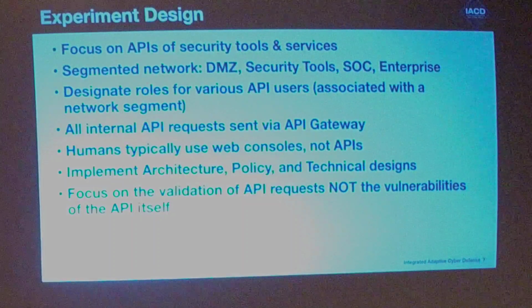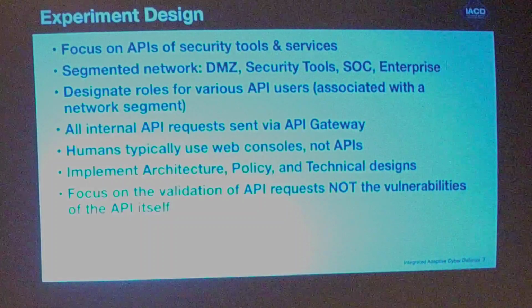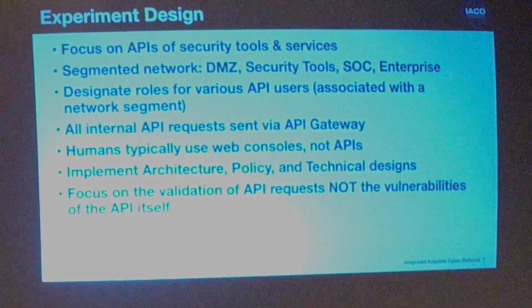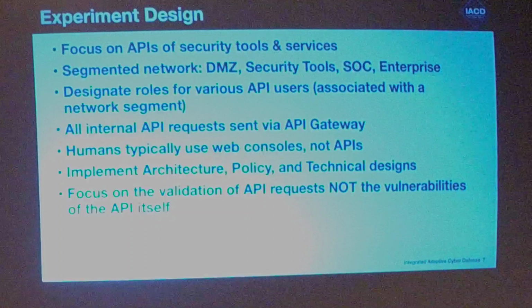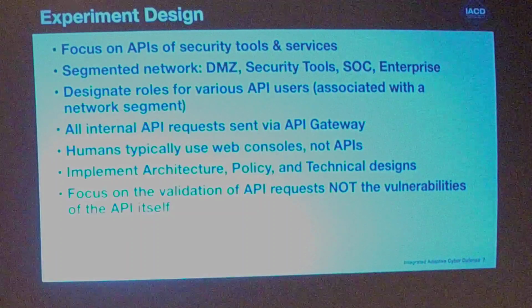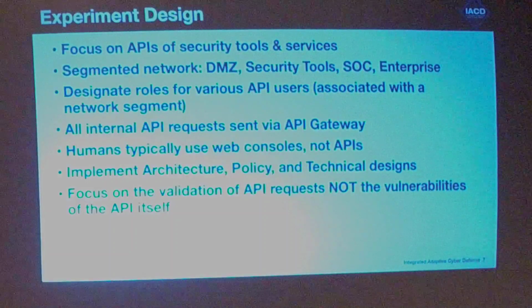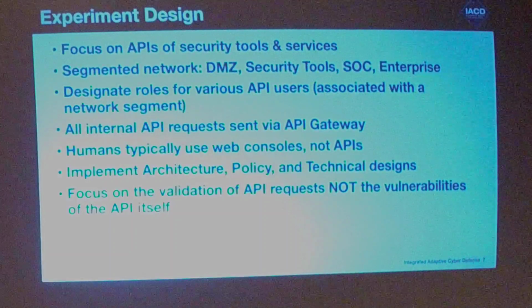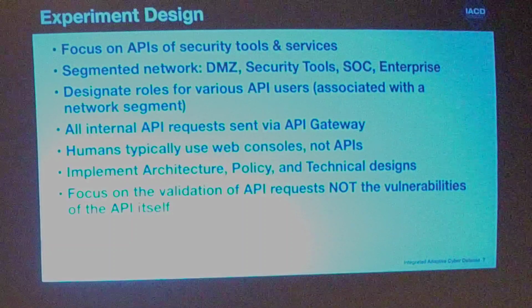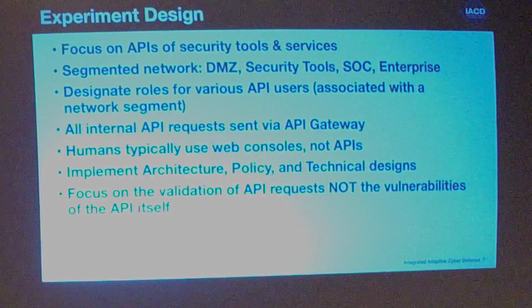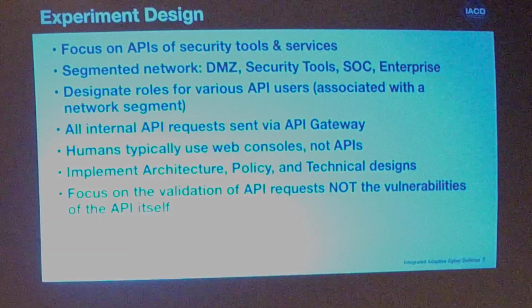We set up our network in segmented areas. So we had a DMZ, we had a subnet for our security tools, a subnet for our SOC analysts, and then an enterprise section for enterprise users. We needed to determine who was going to be using these APIs and then assign roles to those.